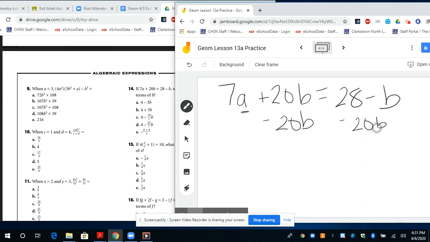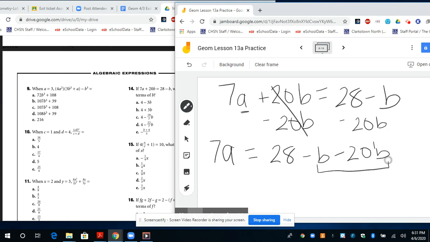I'm going to subtract 20B from both sides. So I have 7A equals, now I have 28 minus B minus 20B. We can combine these, right? They both have a B, so this is technically like a minus 1B. A -1 minus 20 is going to be a -21B equals 7A.